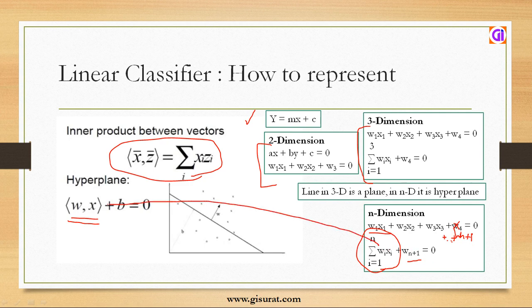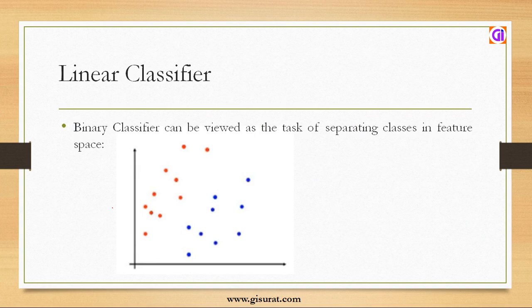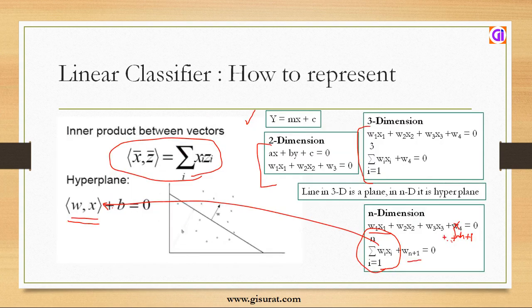Now this sum of wi xi can also be written as the angular bracket of w and x, plus b equals 0, where the angular bracket is the summation of the multiplication of w and x. So finally, that was the equation for the line.